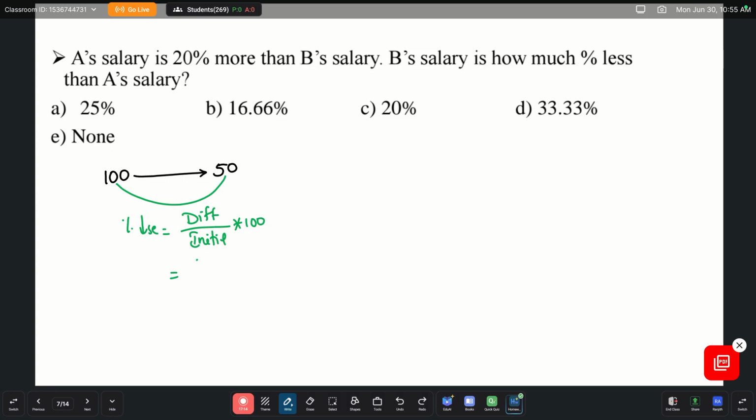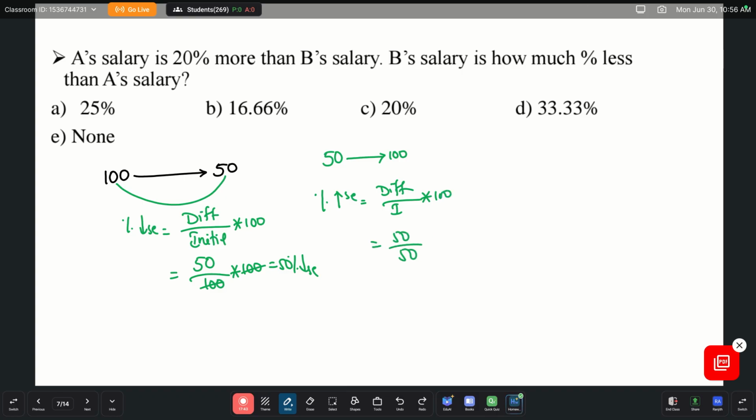Difference equals 50. Initial value is 100 into 100. 100 is cancelled. 50 percentage is decrease. To restore the same value, 50 to 100, how much percentage has to be increased? It's nothing but again difference by initial into 100. Difference equals 50 by 50 into 100, which equals 100 percentage has to be increased.